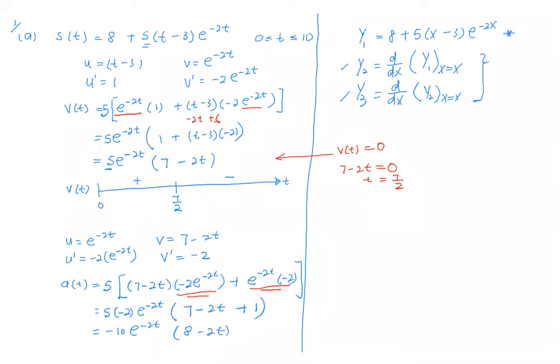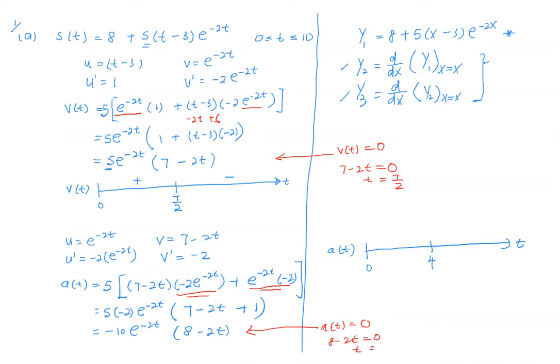Okay, so now when you draw this sign diagram, same thing. Now do you know how I get 4 here? a(t) equal to 0. Yeah, same thing. So 8 minus 2t equal to 0.